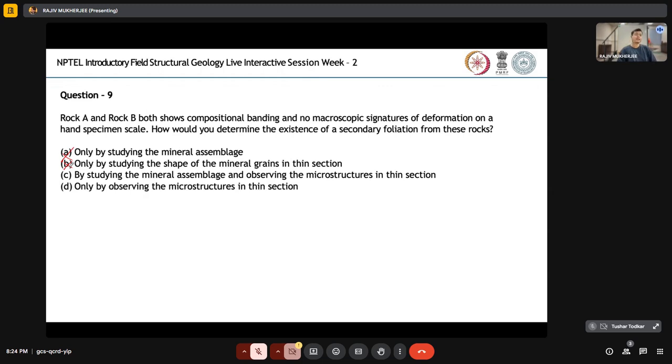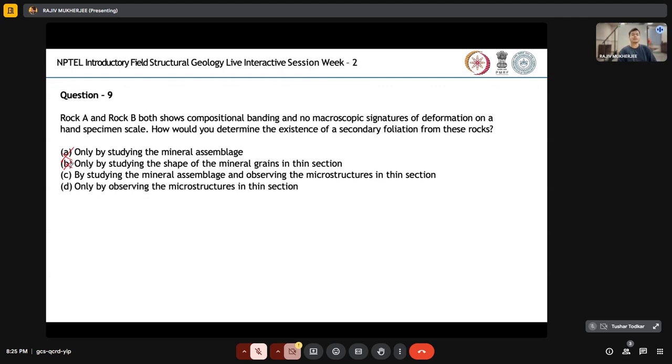And also important thing is the mineral assemblage, right? So what kind of minerals are you assessing to be present in that rock? That would also tell us about the pressure temperature condition at which the rock has undergone this deformation or metamorphism, and whether at all these are the signatures of deformation or not.